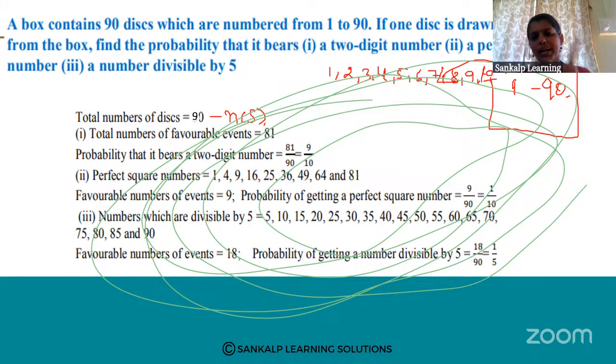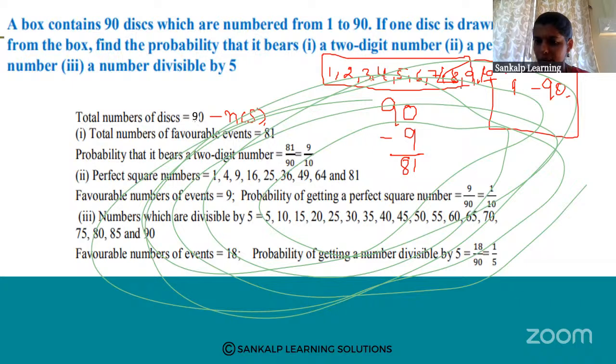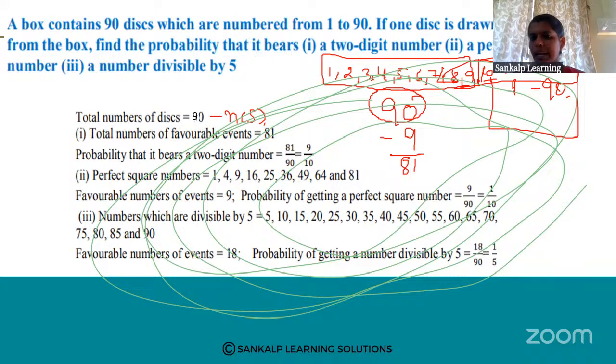All of those are 2-digit numbers, and below 10 all numbers are 1-digit numbers. So to get the 2-digit numbers, I subtract 90 minus 9, which is 81. These 1 to 9 are all 1-digit numbers, and I want 2-digit numbers. So 90 minus 9 is 81. 81 is the count of 2-digit numbers.